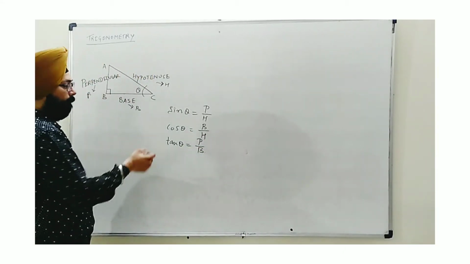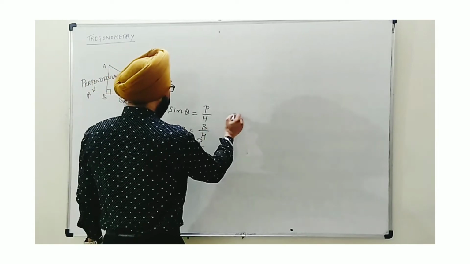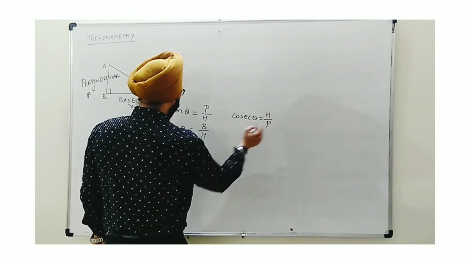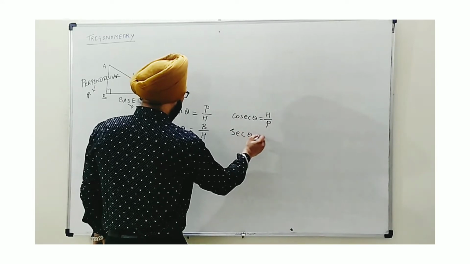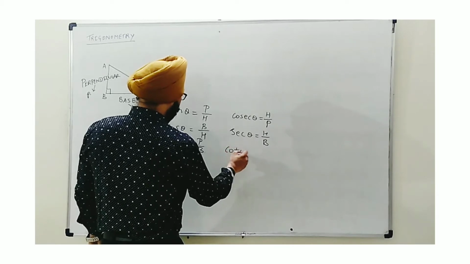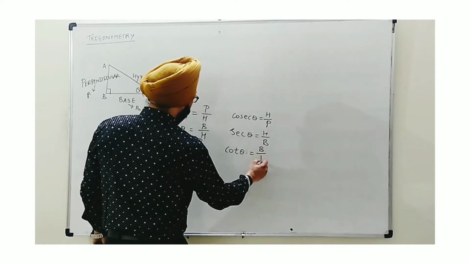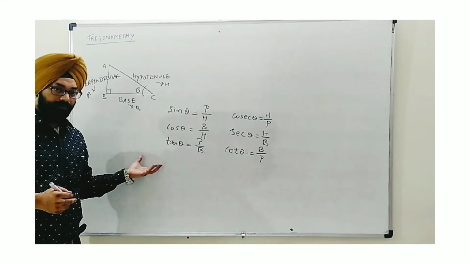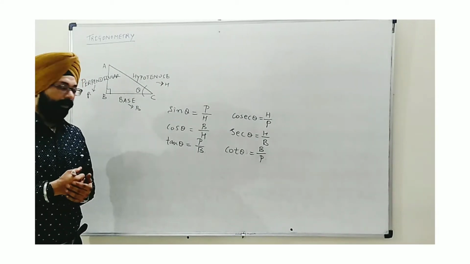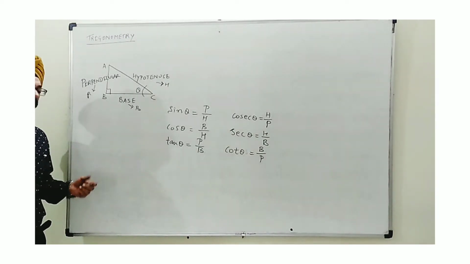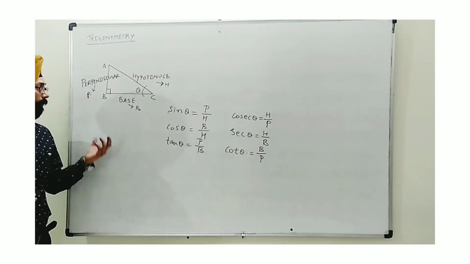And the rest three are reciprocals of these three functions. Sin theta, its reciprocal is cosec theta, so this is h upon p. Sec theta is the reciprocal of cos, this is h upon b. Tan, its reciprocal is cot theta, which is b upon p. This you have seen in 10th standard. This is the beginning, from here we started. So all these six functions are used in the concepts of trigonometry.